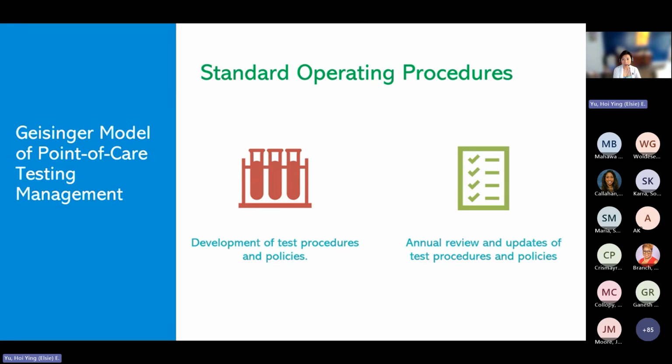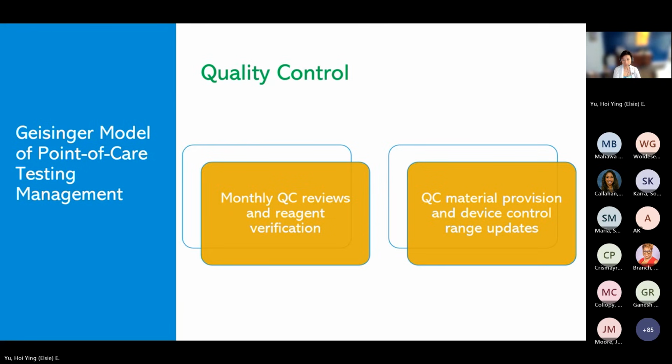Another thing that my team does is to have good standard operating procedures. We develop them, as in we write them and have them reviewed, as well as make sure they're annually reviewed and updated. And if there's any need for changes or to make them more clear, we also make those changes.